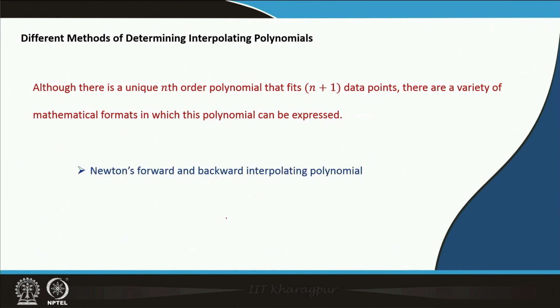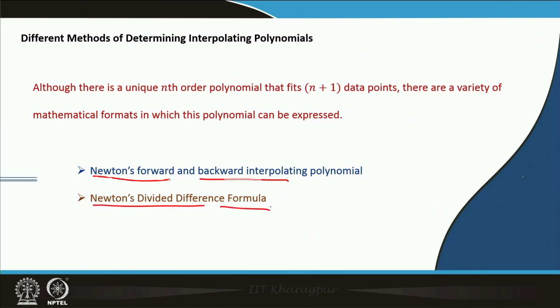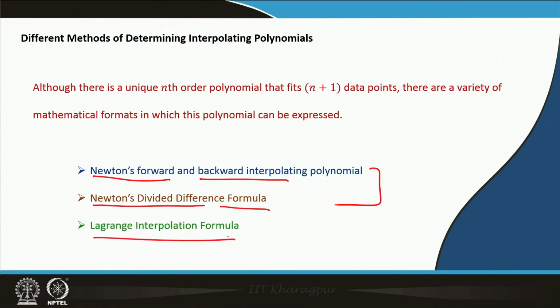For instance, in this lecture we have Newton's forward and backward interpolation polynomial, and we also have Newton's divided difference formula, which is a slight variation from the previous one, and we will also talk about the Lagrange interpolation formula in the next lectures.